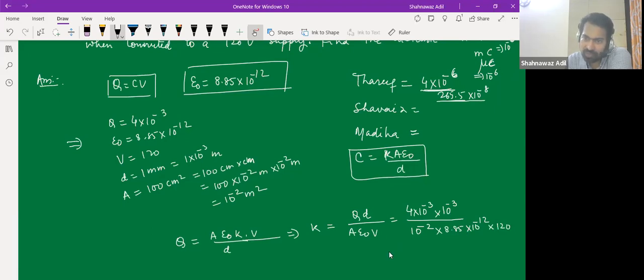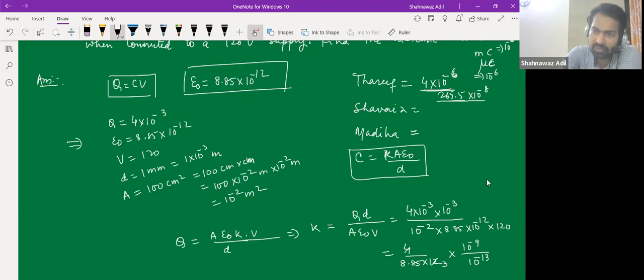So then let us write the numbers on one side. Okay, so this is 3, and then this is minus 9. And in the denominator, this is 10 to the power minus 11, and minus 2. So minus 13.